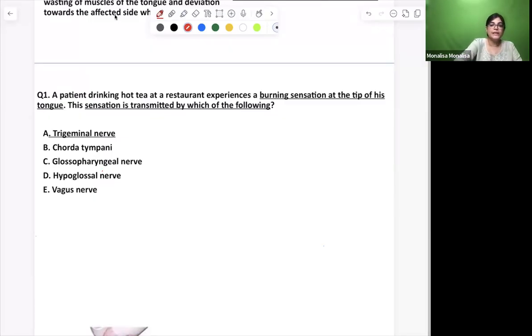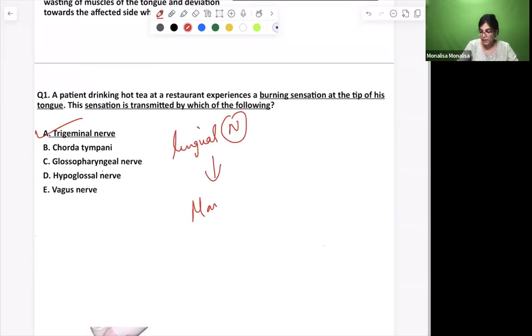Lingual, absolutely right. And we know that the lingual nerve is a branch of the mandibular nerve, and the mandibular nerve is a branch of the 5th cranial nerve, the trigeminal nerve. So that is the right answer.